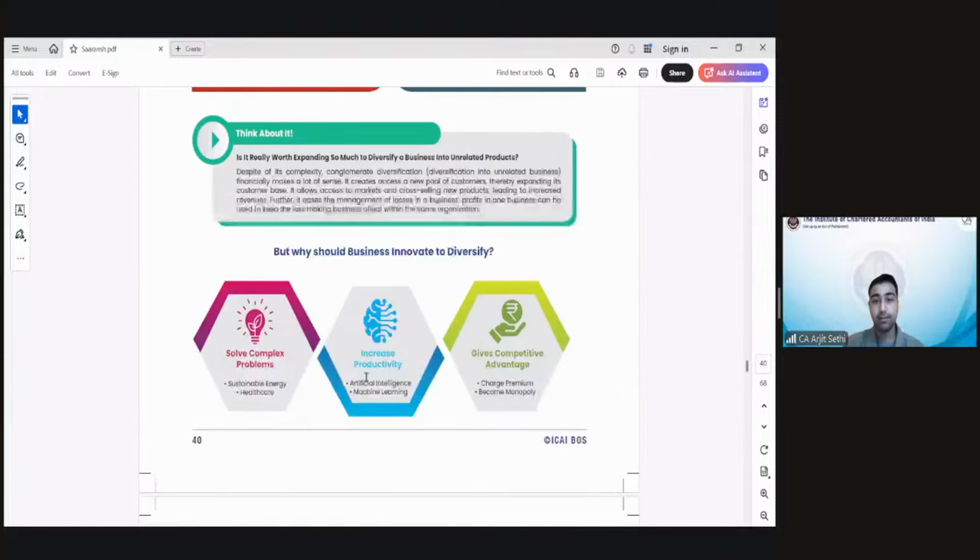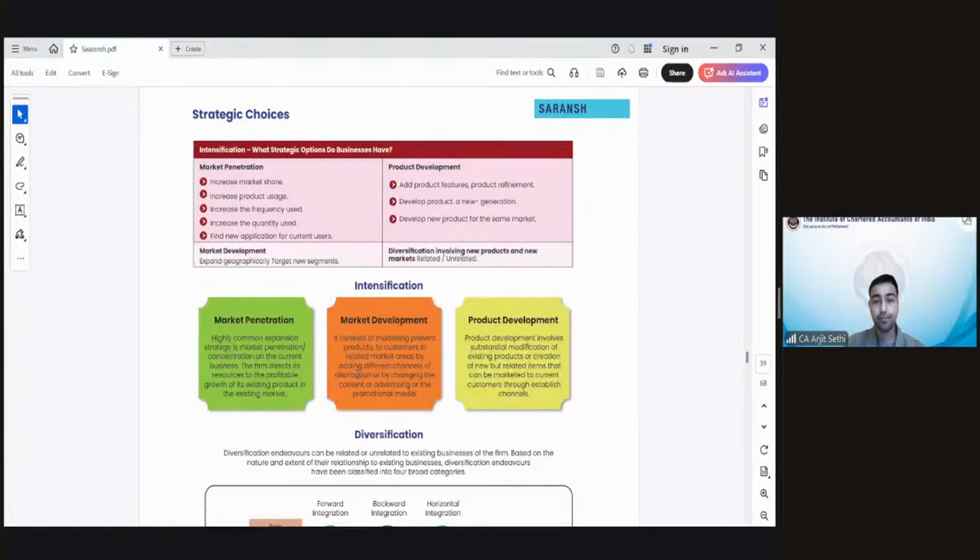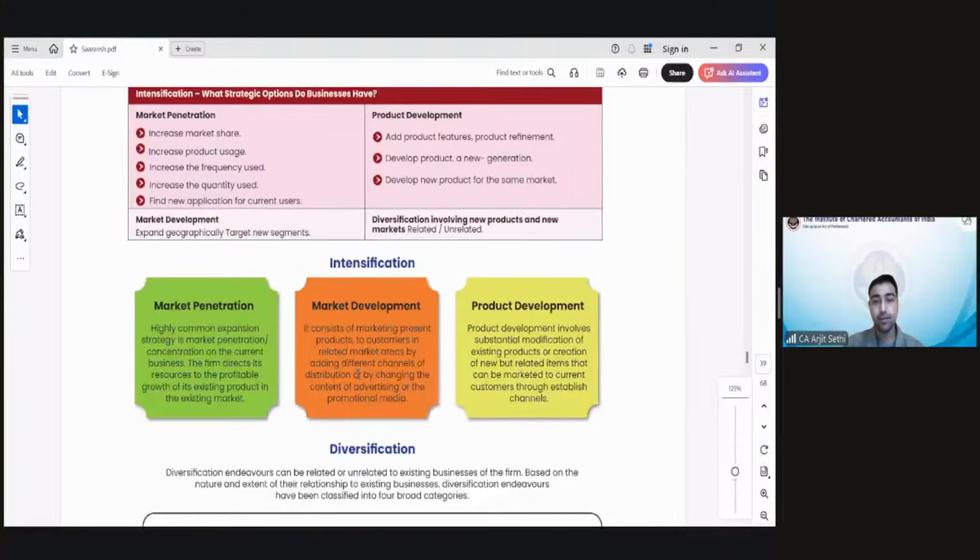Where is that table? Yes. Market penetration is when the firm directs its resources to the profitable growth of an existing product in an existing market. Existing product in existing market.